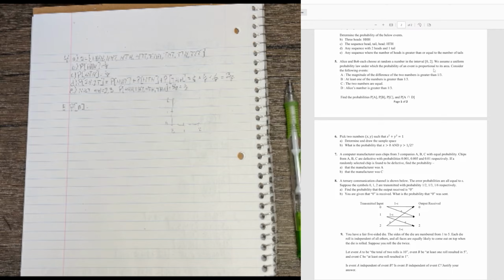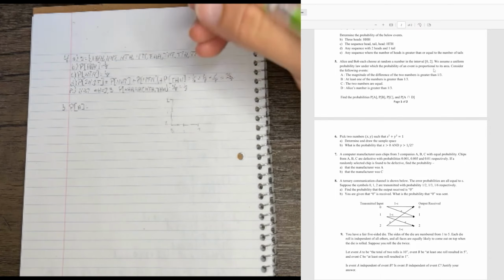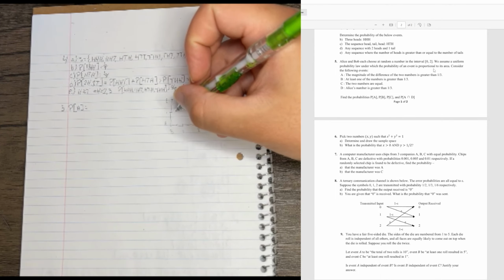Way to find probability: put the event in the sample space, take the area of the event divided by the area of the sample space. That's the thing. Because it really depends on what the other person picked, because all numbers are possible.